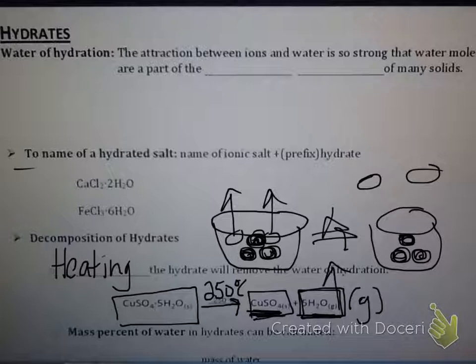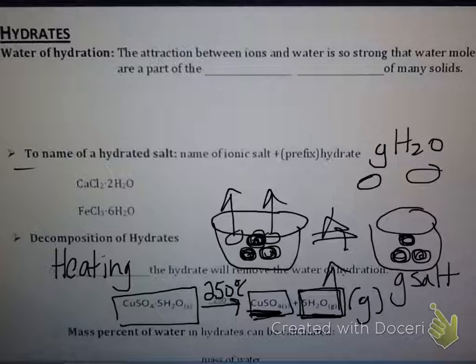The change in the mass, so you've got the mass of the water, and you've got the mass of the salt still inside of your crucible. The change in the mass can tell you what hydrate you have. So we're going to do some problems where we figure out what the percent water in a hydrate is.